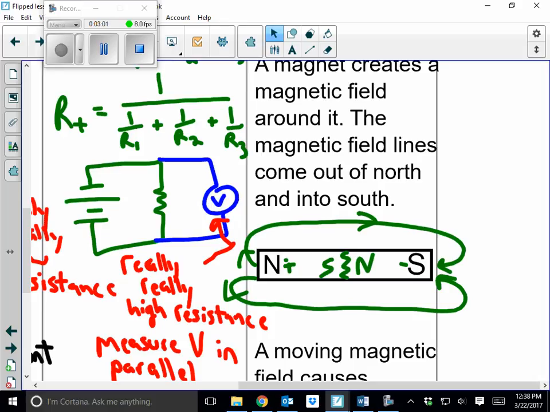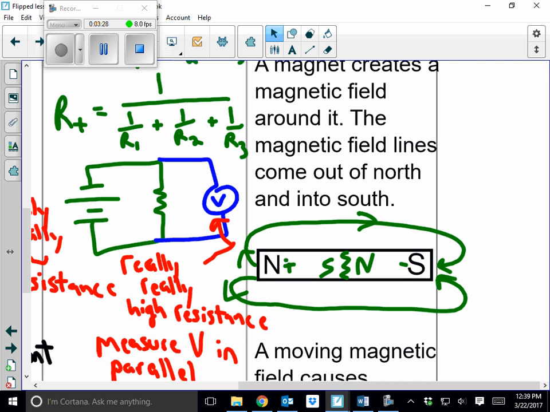Same thing with the other part of the magnet: the broken part would become north and the other side would become south. This is called a magnetic dipole. Theoretically, a magnetic monopole should exist, but we have not been able to break down a magnet such that we get only a north or only a south. We always get the north and the south.